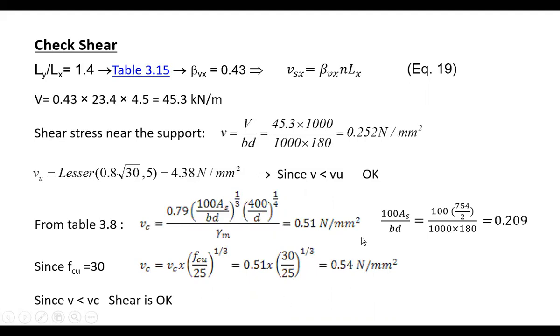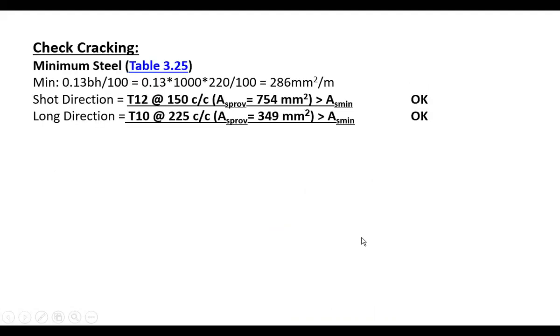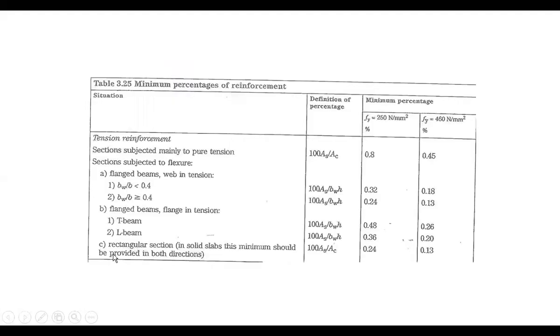Okay, so we checked deflection, we checked shear, and now we need to check for cracking. For cracking, you need to check for minimum steel reinforcement ratio. So the minimum steel from table 3.25 here for solid slabs with reinforcement steel of 460 megapascal, the minimum reinforcement ratio is 0.13%.